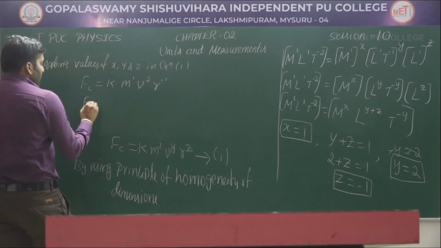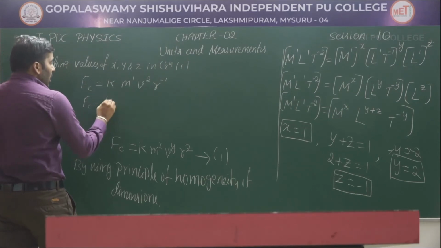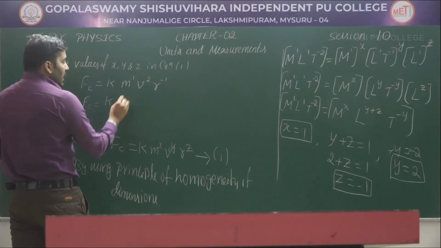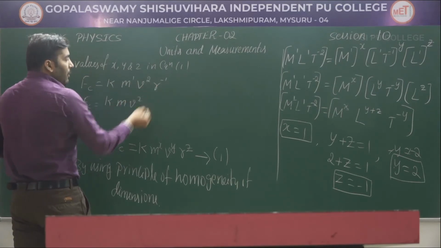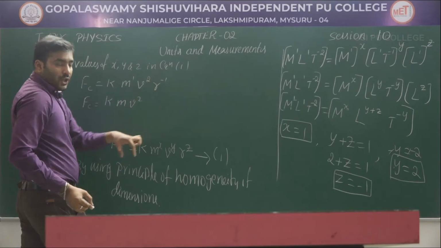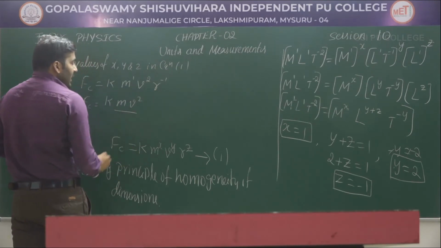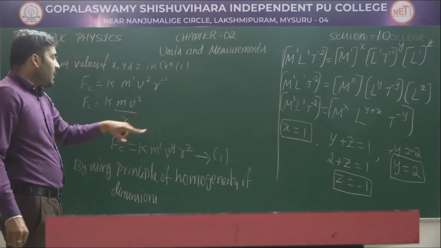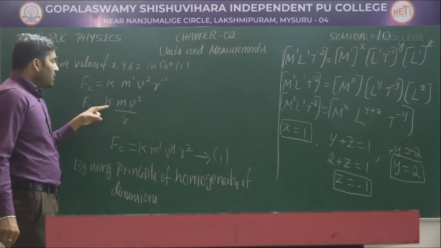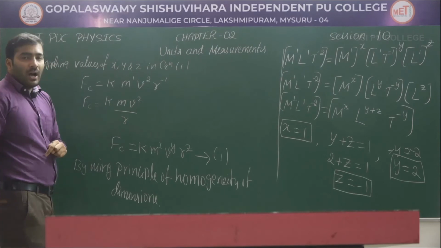Now Fc is equal to constant k into m, v square, r power minus 1. Take this r power minus 1 to the denominator, so that you will get divided by r power 1. R power 1 is nothing but r. So Fc is equal to k mv square by r.